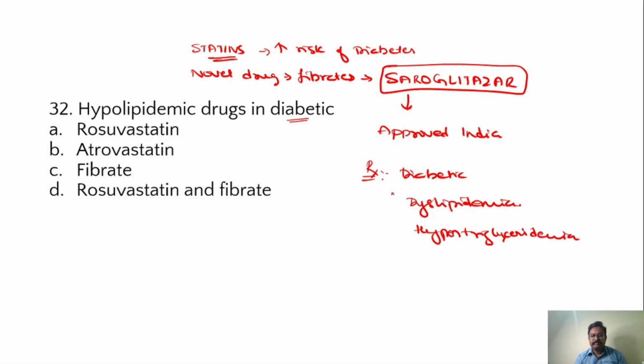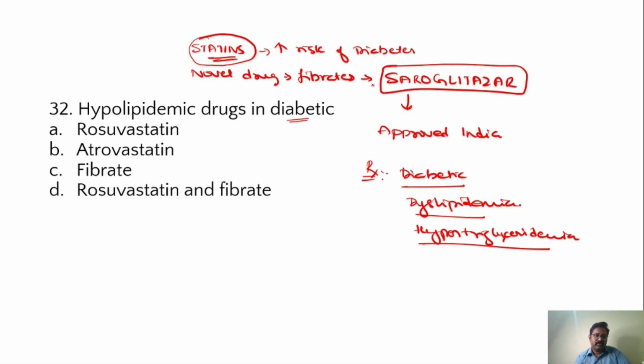So here the option could be, initially you can start with statins, but if the statins are not helpful enough, you need to go for fibrates.